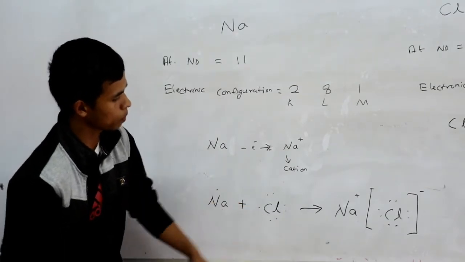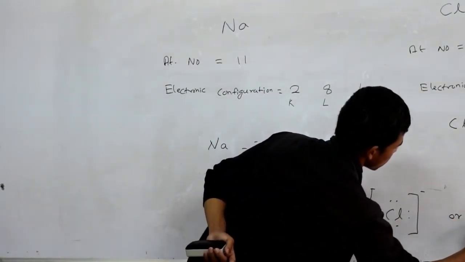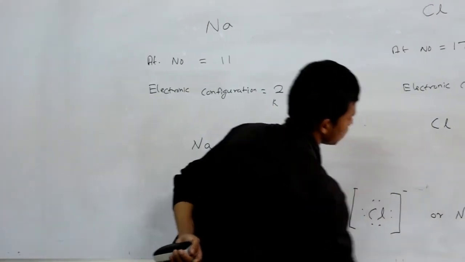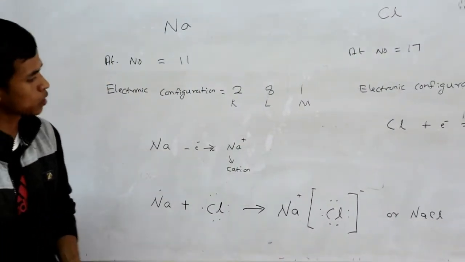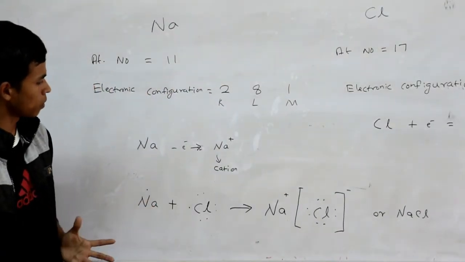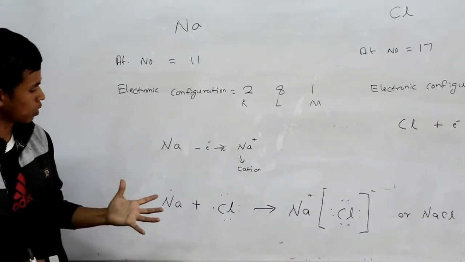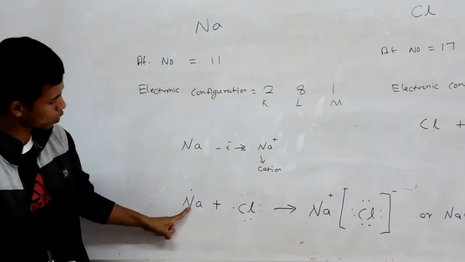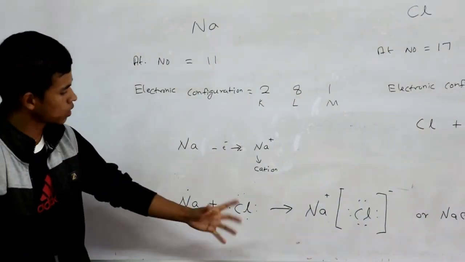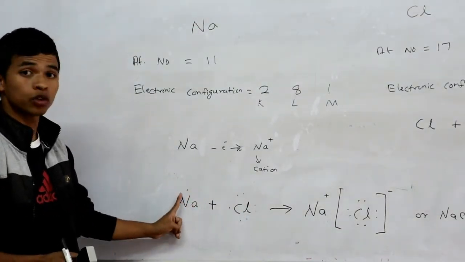Or in a simple way, we can write this just as NaCl. So this is how sodium chloride is formed. And this sodium chloride is formed by gaining and losing of electrons. See, sodium is losing its electron, while the chlorine atom is gaining an electron from the sodium atom.